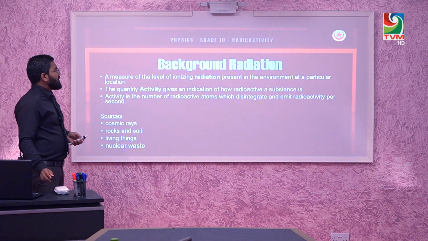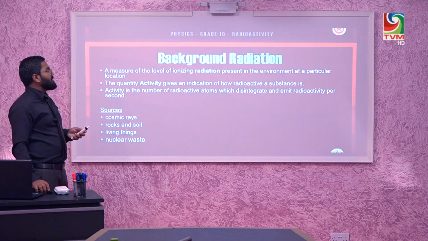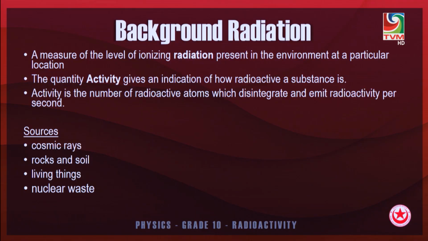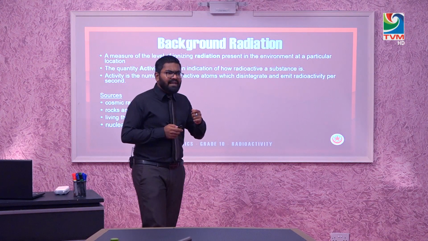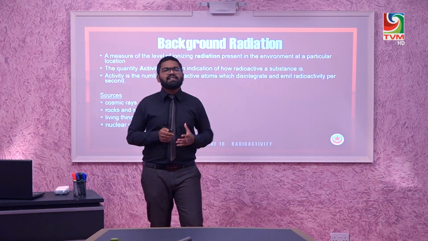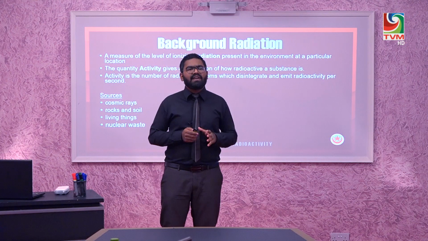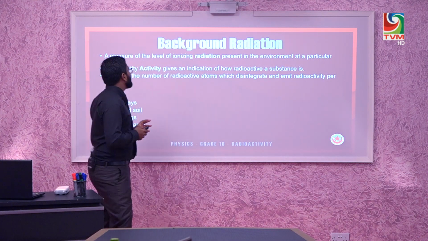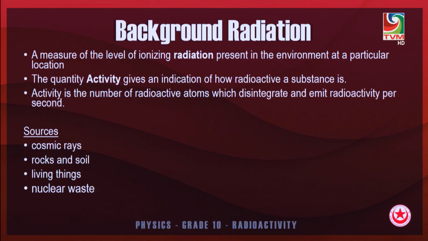Now, there is something I want you to understand, which is the background radiation. When we use a GM tube to take measurements of radioactivity, despite the radioactive source, we will get some additional readings. That reading is what we call the background radiation.